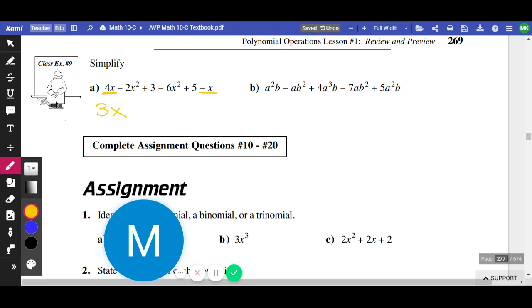The next letter that comes up is an x squared. So I'm going to look and I'm going to underline all the x squareds that I have. I have negative 2x squared minus 6x squared. I let my calculator do the work. So I go minus 2 minus 6 to get negative 8x squared.